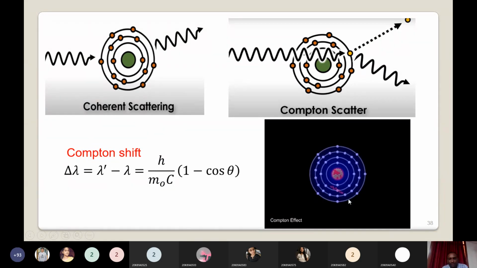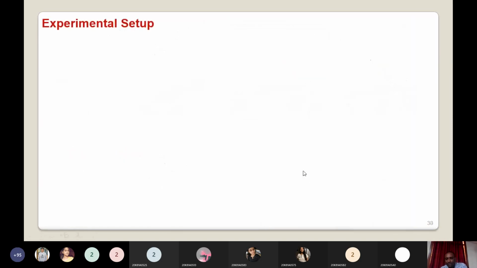That is why the incident photon wavelength is lambda I, and the final photon wavelength is lambda dash or lambda f. The difference between the incident and scattered photon wavelength is given by h by m naught c into 1 minus cos theta. Theta is the angle by which it is scattered from the initial path, that is the scattering angle. This is the scattering effect.